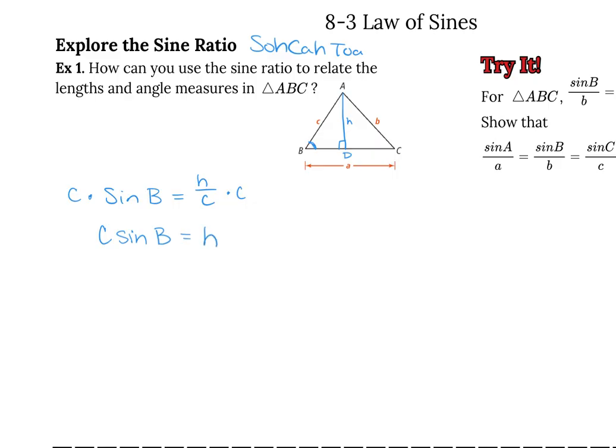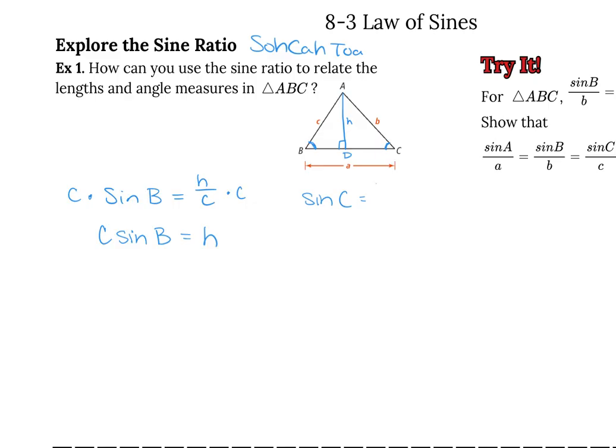I'm going to do the same thing for angle C. So sine C is opposite over hypotenuse.